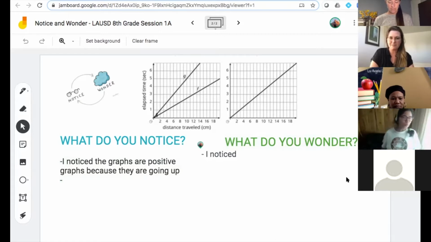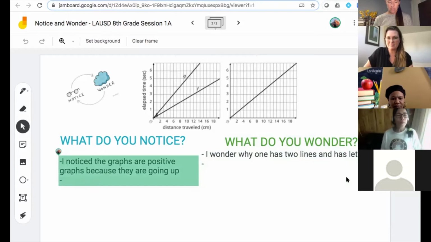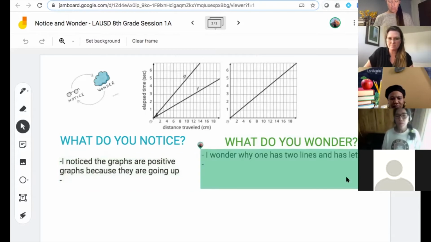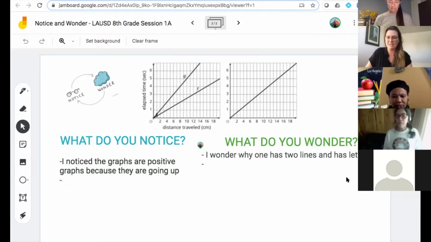Okay. Thank you. Anybody else notice or wonder something about this? I wonder why the second graph doesn't have any variables. So what variables is it measuring? Great, thank you.